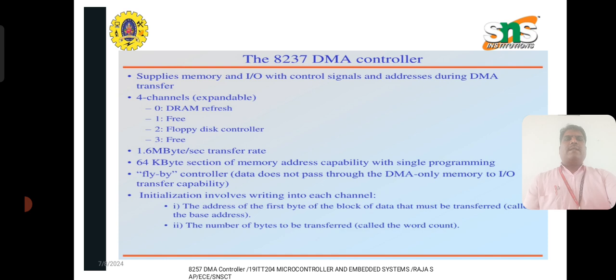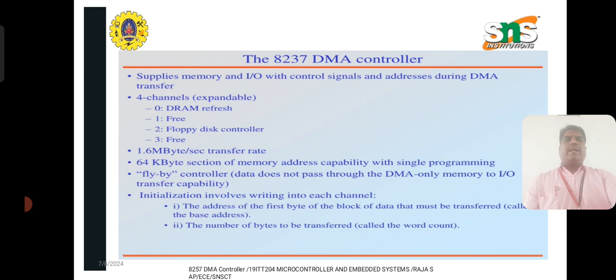The direct memory access controller 8257 or 8237 supplies memory and input-output with control signals and addresses during DMA transfer. Four channels are used. Channel 0 is for DRAM refresh, channel 1 is for free logic, channel 2 is used for the floppy disk controller, and channel 3 is used for freeing the DMA controller.